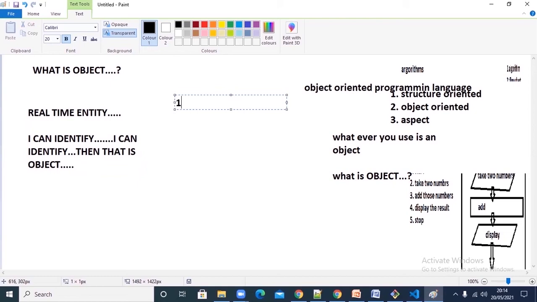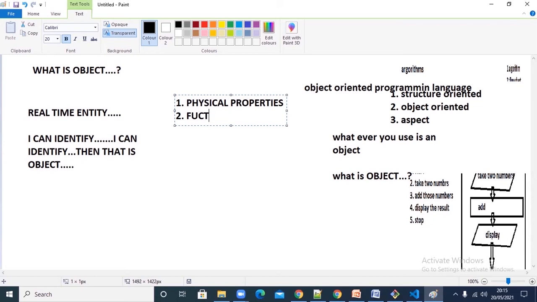The first is physical properties. The second is behavioral or functional properties. This is very important. Using these two properties only, I can identify an object in the world.